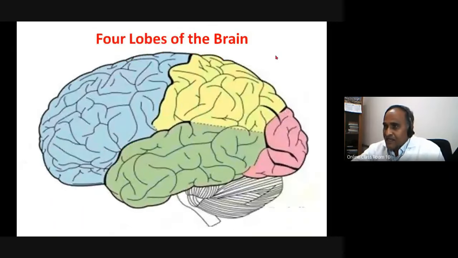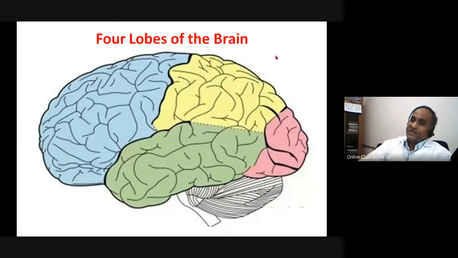In the last class, we mapped the entire cerebral cortex according to the cytoarchitecture. That means we mapped the brain in three major areas. The part having 6 layers is called the isocortex. The one having 3 layers is the allocortex, and the one in between 3 and 6 is the mesocortex.